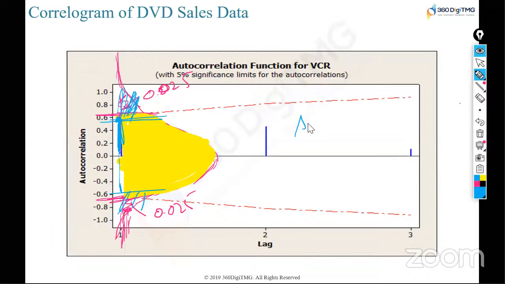Imagine for a moment the point is here, at 0.8. Now when I try it like this, this area is less than 0.025.